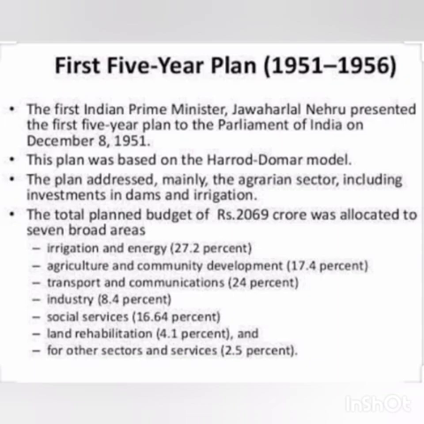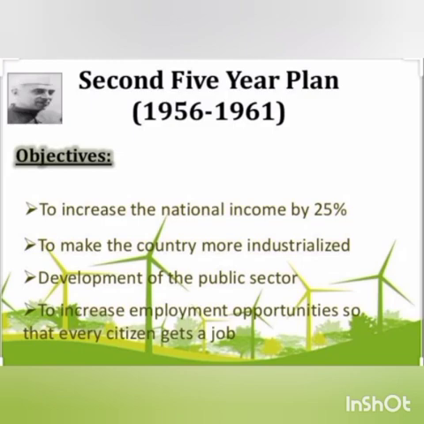Second 5-year plan, 1956 to 1961. This plan had ambitious goals of industrialization. Iron and steel industries at Durgapur, Bhilai and Rourkela, chemical fertilizers plant at Sindri, rail engine factory at Chittaranjan, factory of railway bogies at Perambur, shipbuilding factory at Vishakhapatnam, and other heavy industries were set up in the public sector.